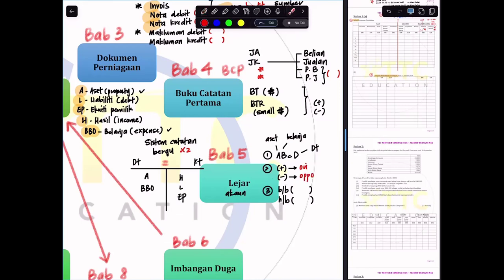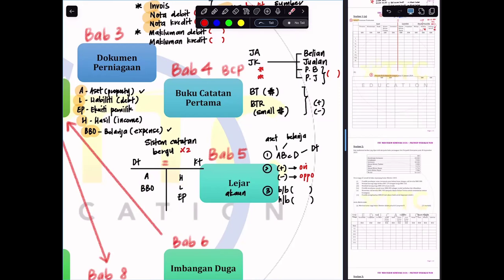For example, asset originally debit, right? So if asset add, remain debit. But when asset minus, then you need to move to another side, put it in credit side. If hasil originally credit side, if add, remain, no changes. But if hasil minus, then put it into debit.